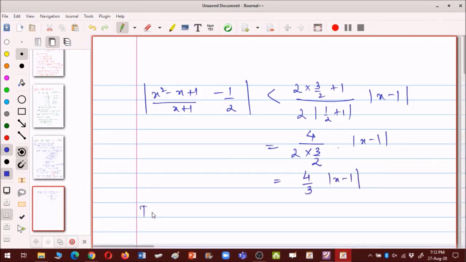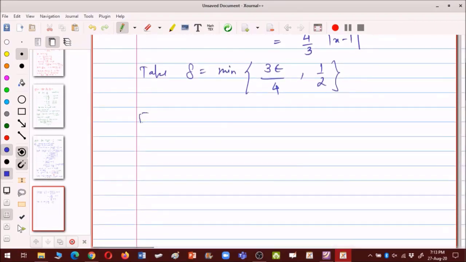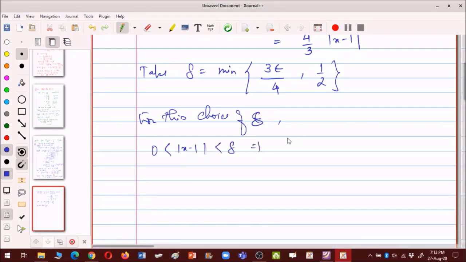So take delta equal to minimum of 3 epsilon by 4 and 1/2. Then for this choice of delta, 0 < |x - 1| < delta implies |(x^2 - x + 1)/(x + 1) - 1/2| is less than epsilon.